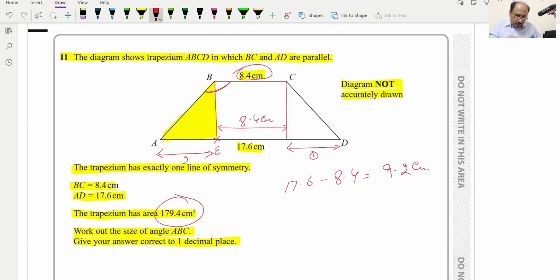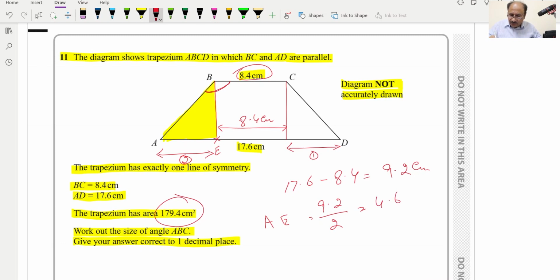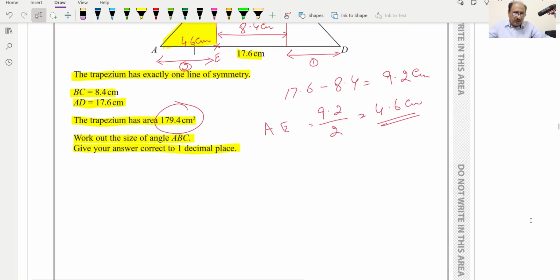So we can divide 9.2 over 2. This will be our AE measurement, which will be 4.6 centimeters. So 4.6 centimeters is this side, and now we will use the area provided to find the perpendicular height.